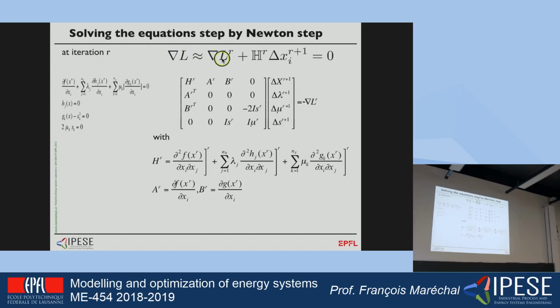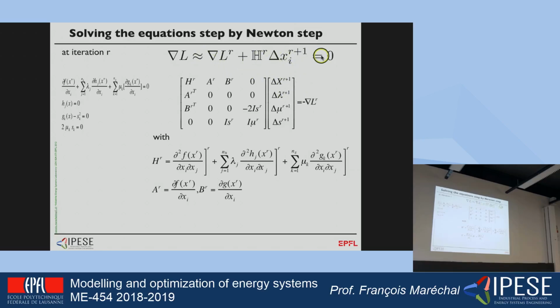So having this, then it allows me to solve the problem of the Lagrangian by solving this equation here, which will allow me to calculate what is the next value of x, knowing the value of x of the previous iteration. And now I'm going to say that the Lagrangian will be described by the first order, okay?